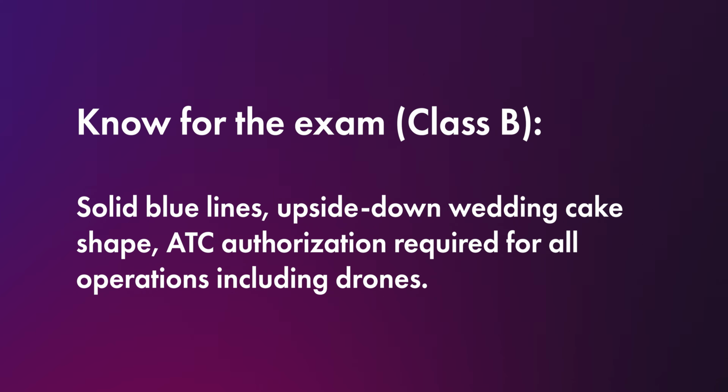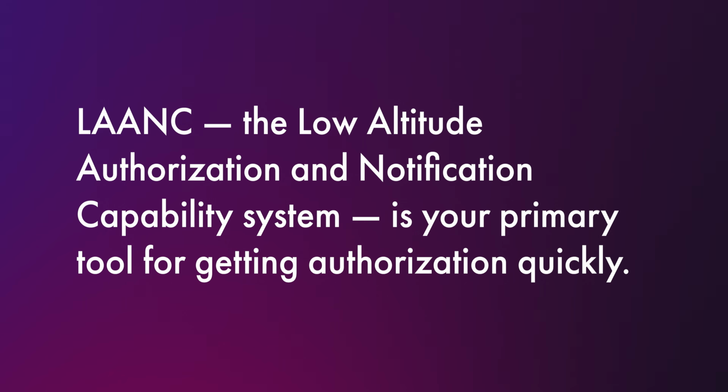So for the exam, remember solid blue lines, upside down wedding cake shape, ATC authorization required for all operations, including drones. In the real world, if you're shooting anywhere near a major commercial airport, you're almost certainly dealing with Class B. LAANC, the Low Altitude Authorization and Notification Capability System, is your primary tool for getting authorization quickly.